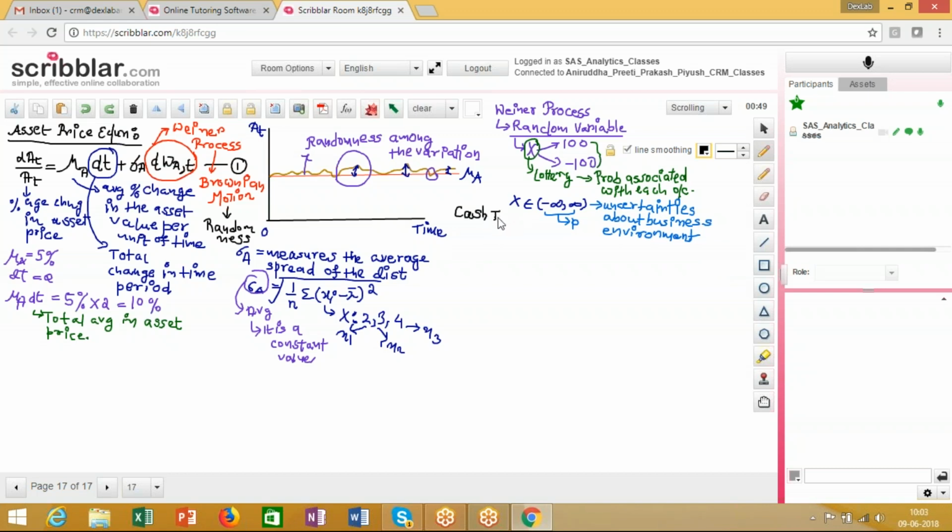The cash flow of the business is the asset.